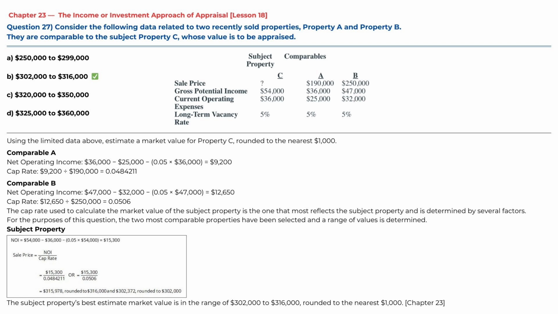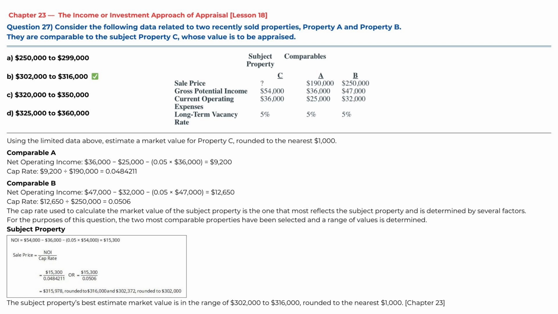For the purposes of this question, the two most comparable properties have been selected and a range of values is determined. Subject property. Net operating income equals $54,000 minus $36,000 minus 0.05 times $54,000 equals $15,300.